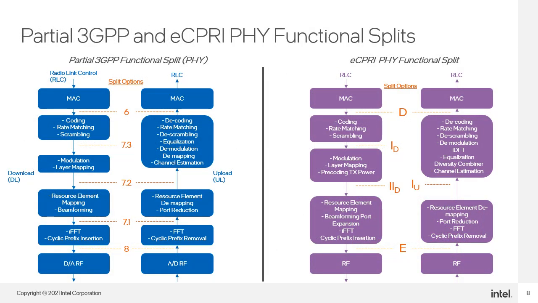Being familiar with the 3GPP and eCPRI specs, these diagrams should look familiar to you. To review, the 5G 3GPP spec defines 8 major functional partitions, or split options, for implementing radio network functionality. Split 7 is then further subdivided into sub-options 7.1, 2, and 3.